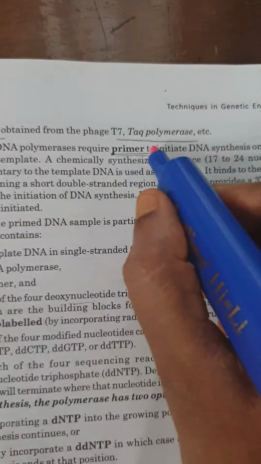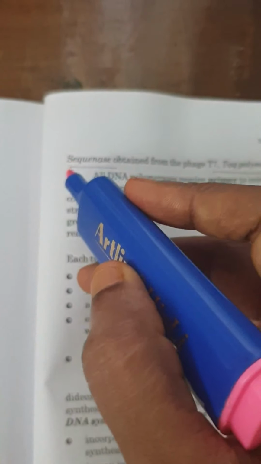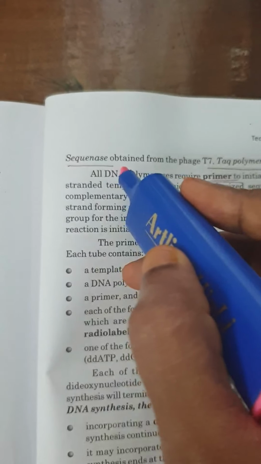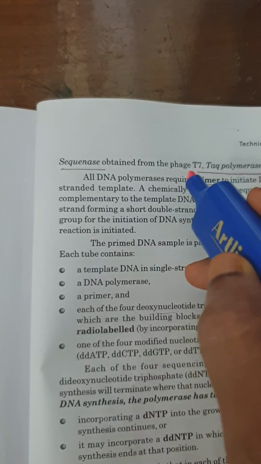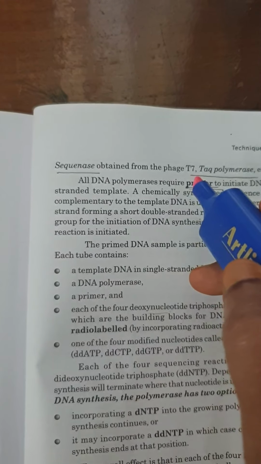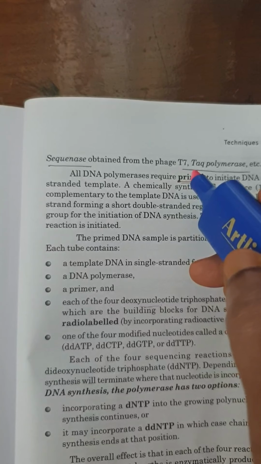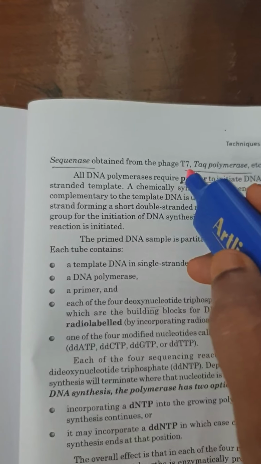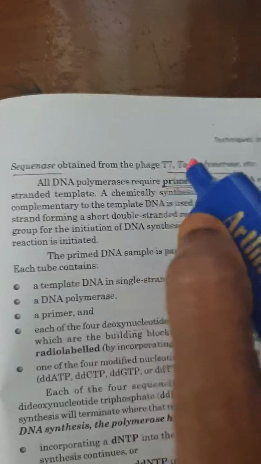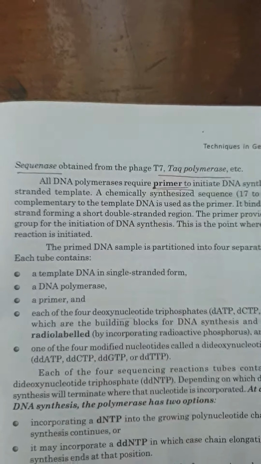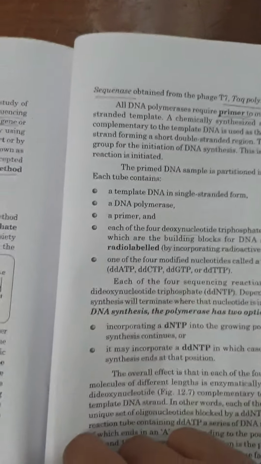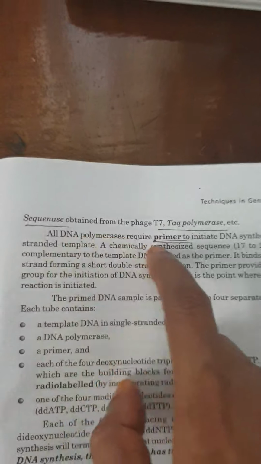Another type of enzyme we use for sequencing is sequenase, obtained from phage T7. Bacteriophages are viruses, and the type of phage that produces sequenase is phage T7. So we need a polymerase. Then we need a primer.